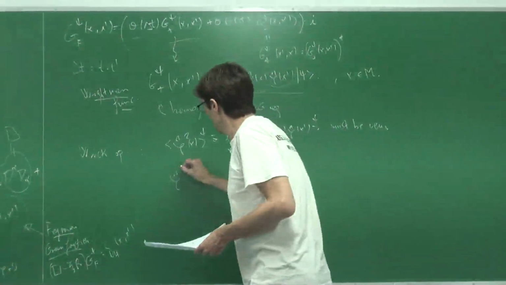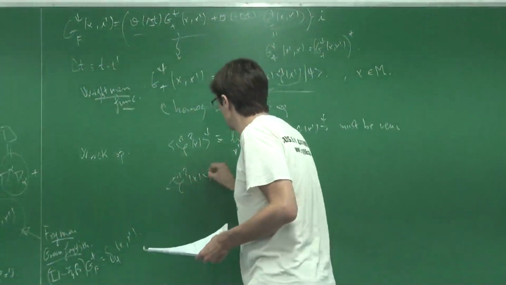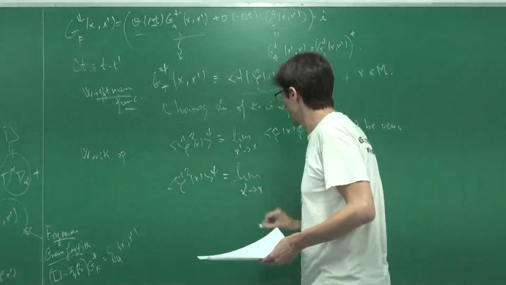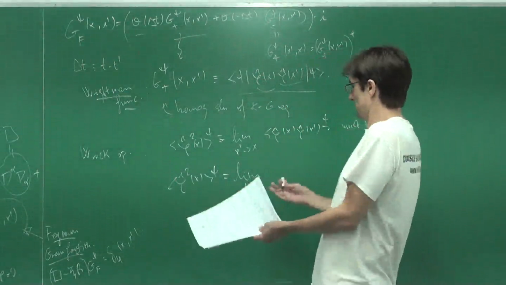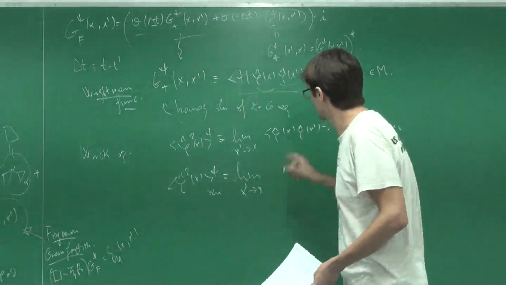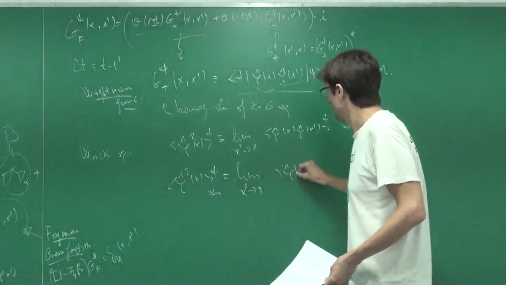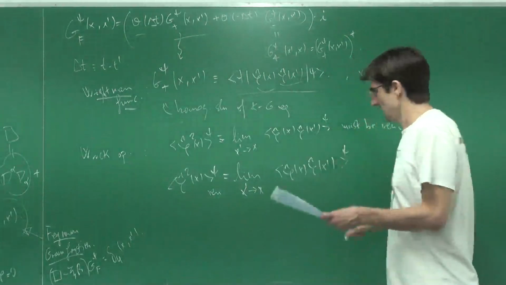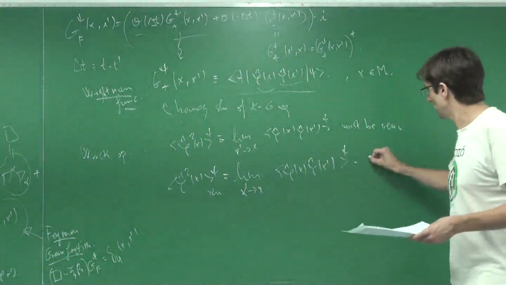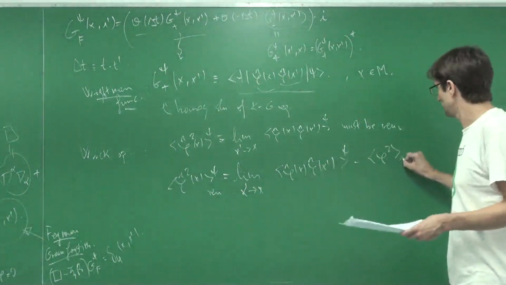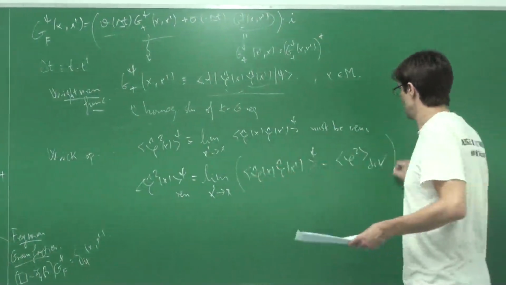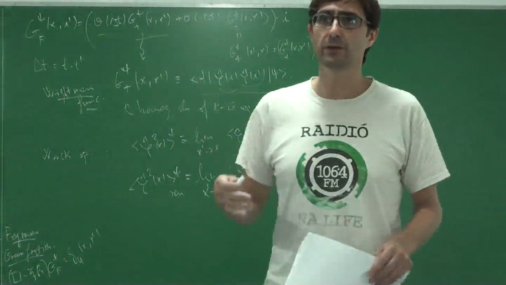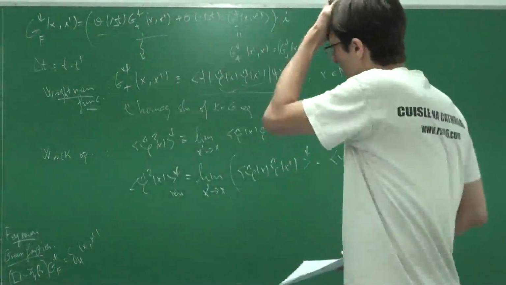So we want to calculate phi squared after renormalization. What we do is we take this and subtract from it a term which we call phi squared div, for divergence. You subtract a divergence, then you take the limit x prime goes to x.